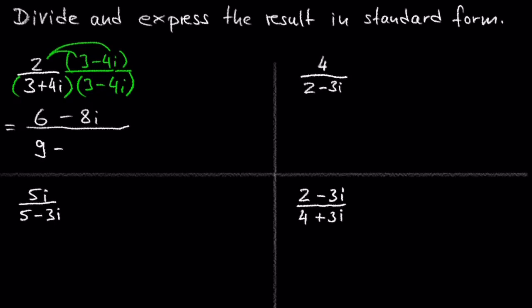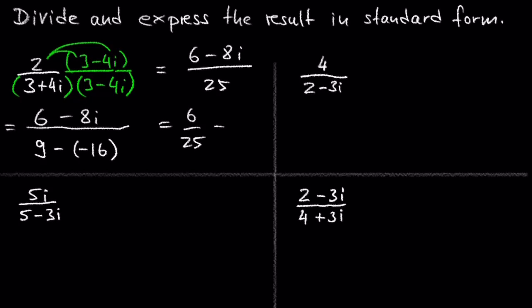And 4i squared is negative 16. 9 plus 16 is 25. So we get 6 over 25 minus 8 over 25 i. And we are done with this problem.